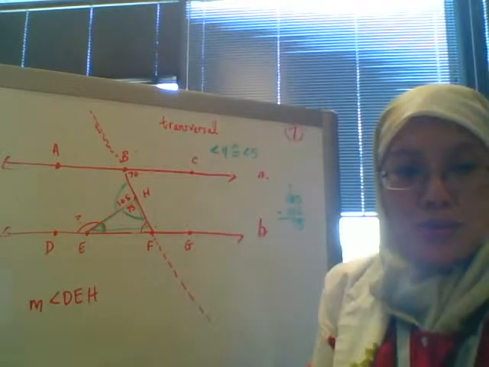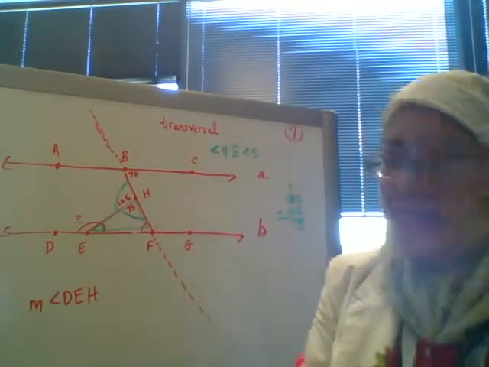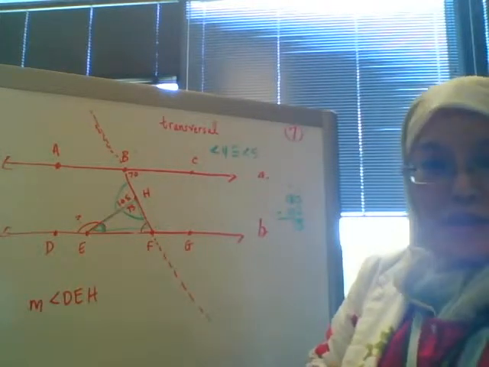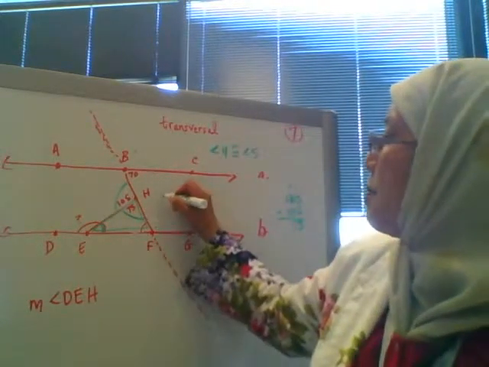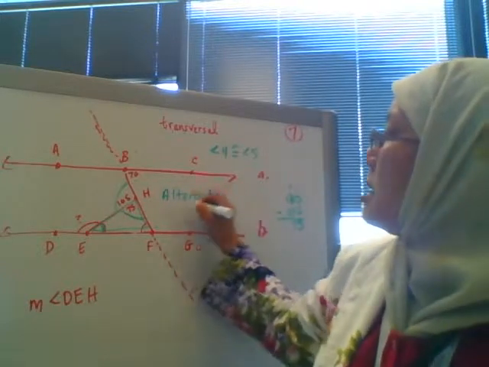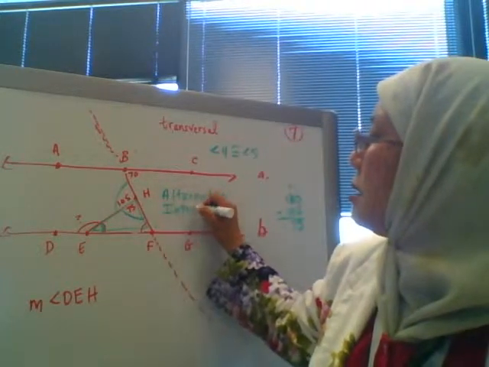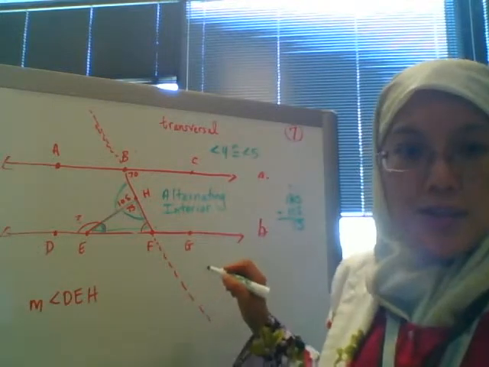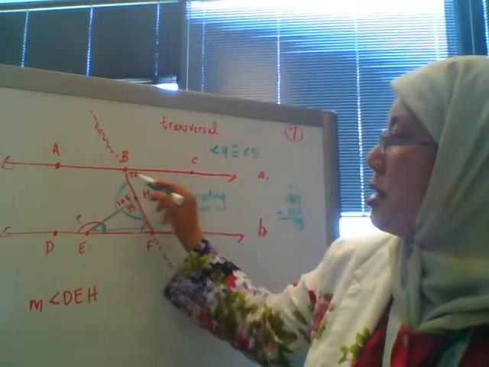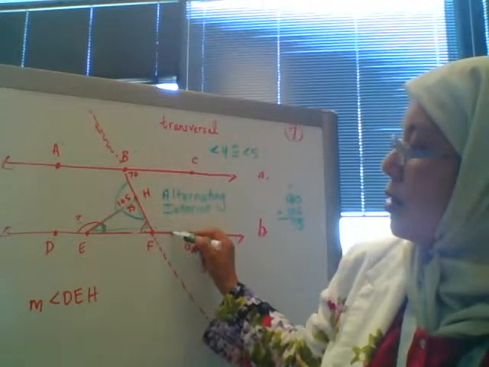Now we use what we talked about with the transversal. This tells us we have alternating interior angles. We don't have numbers on them, but this one here is equal to the alternate down here.